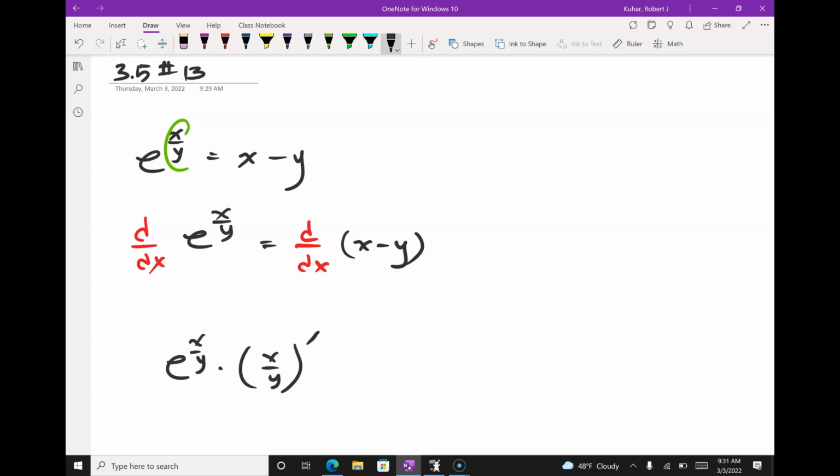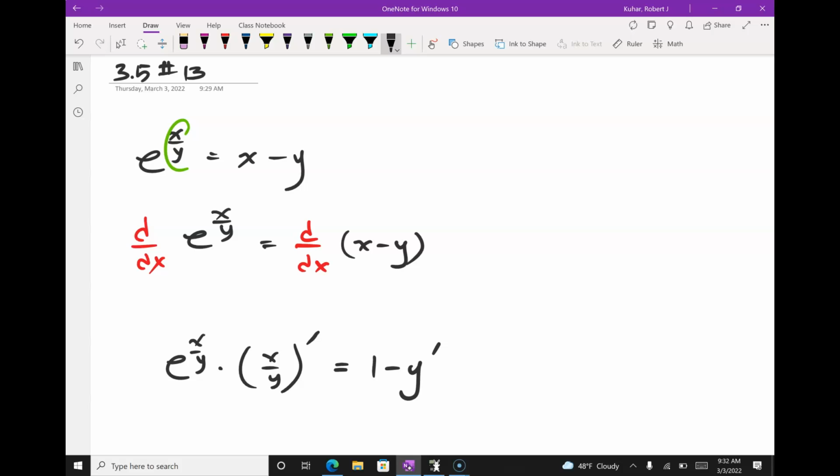And I'm putting a placeholder in that because I want to use a quotient rule there. And on the right-hand side, what do I get? 1 minus y prime, right? Derivative of x is 1. Derivative of y is y prime. We've been doing that for a long time now, right?